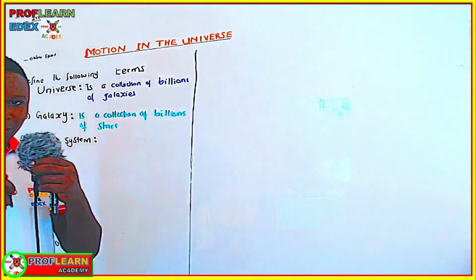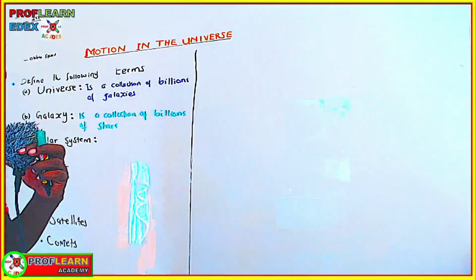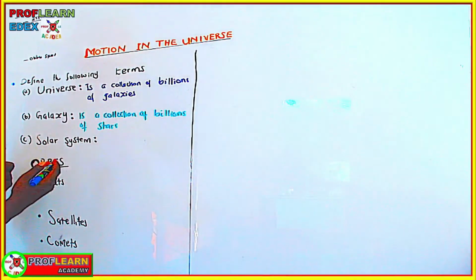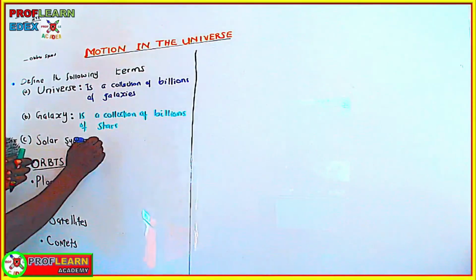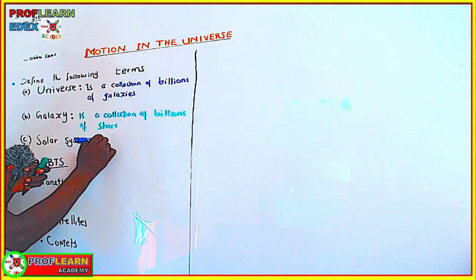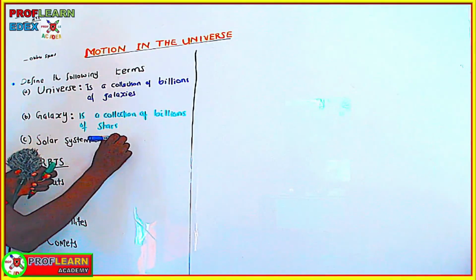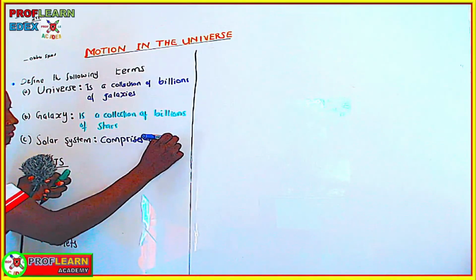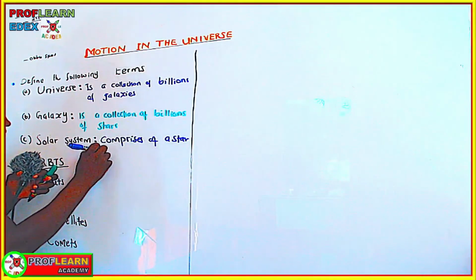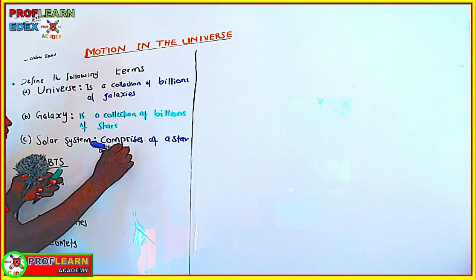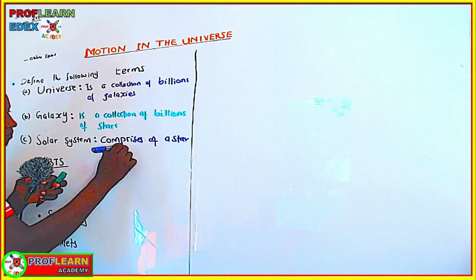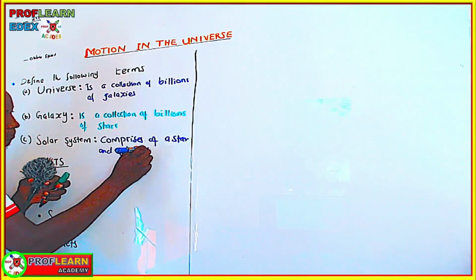Once you've understood that, you may be asked to check if you understand the term solar system. Remember, a solar system comprises a star and planets.